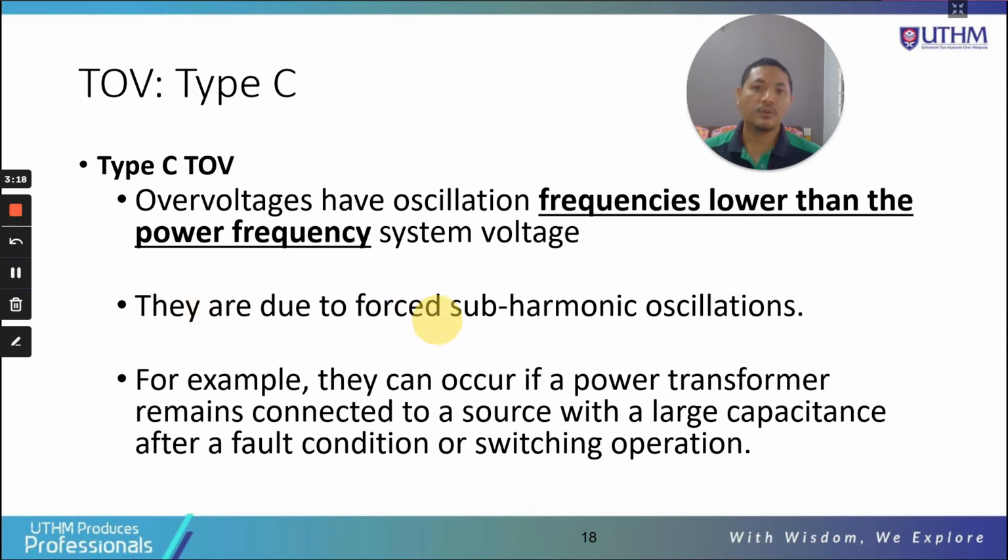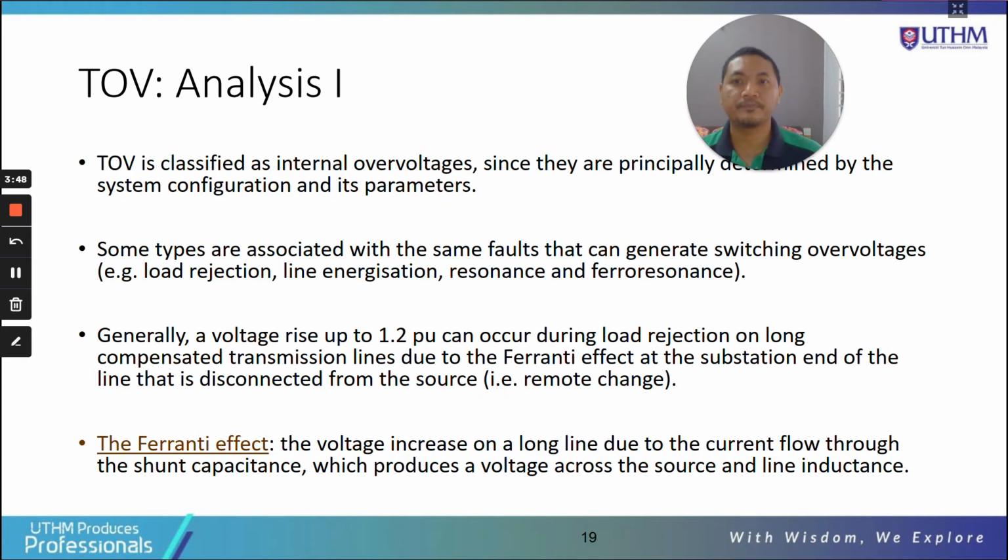They are due to forced subharmonic oscillation. For example, they can occur in a power transformer if it remains connected to a source with a large capacitance after a fault condition or switching operations. So basically, based on the type of the temporary overvoltages, you can determine the possible cause of these overvoltages.